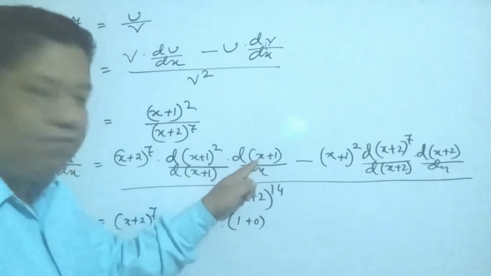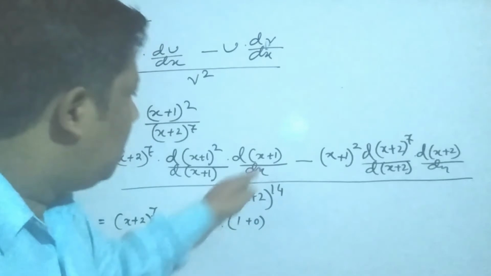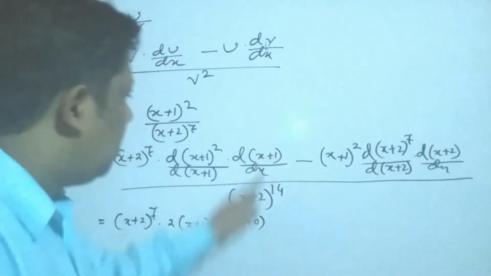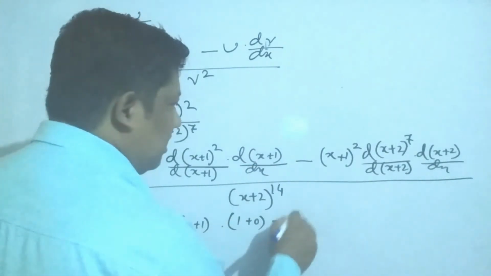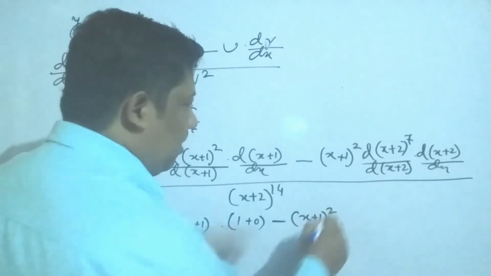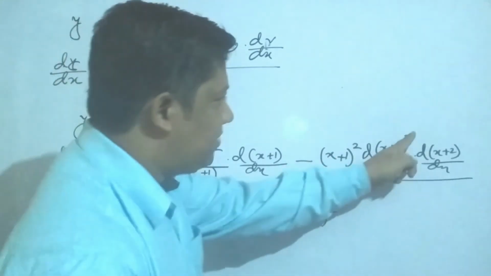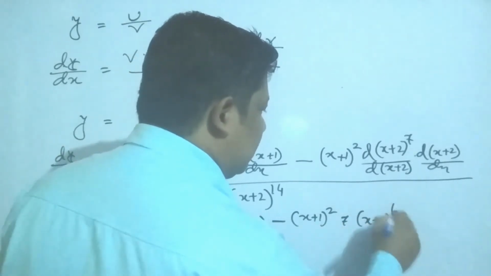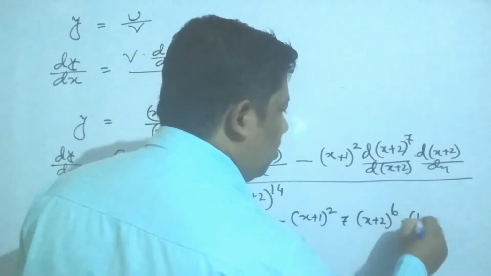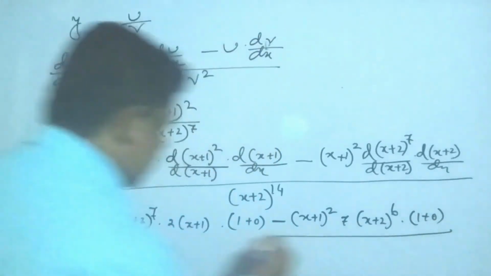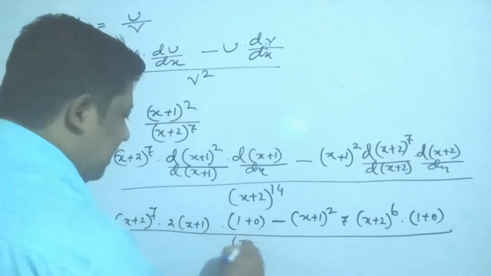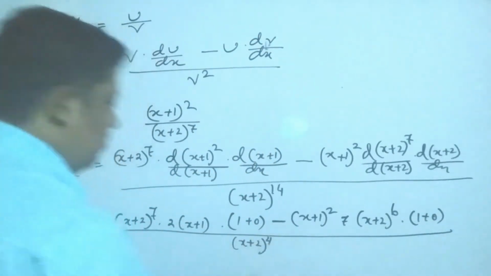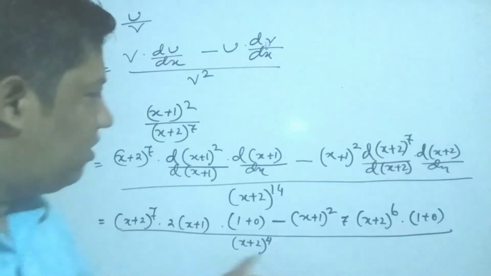Because differentiation of x, you get how much? 1. And for 1, it becomes 0. Next, (x plus 1) whole square for this part, and this part comes this side: 7 into (x plus 2) power 6. Differentiation of (x plus 1) is 1 plus 0. And the denominator you write like this, (x plus 2) power 14, and that is your differentiation, my dear students.